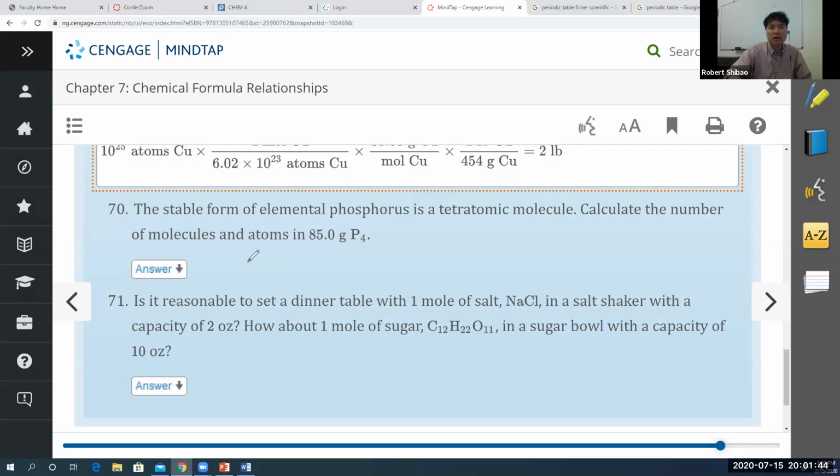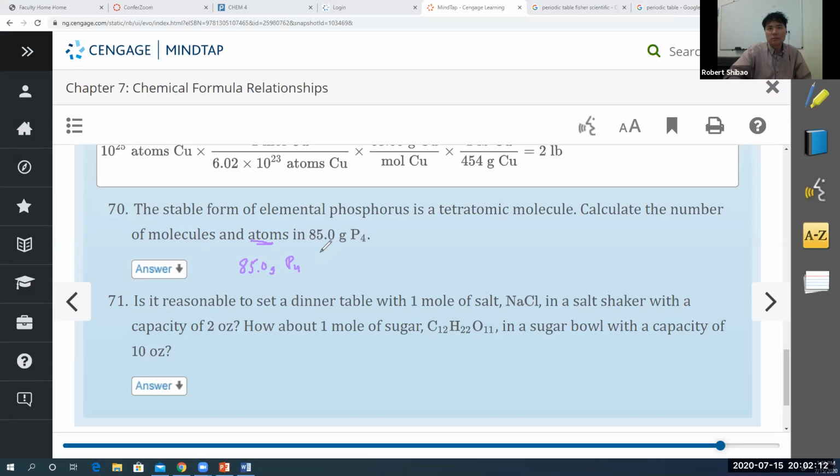We have 85.0 grams of P4. This is 85 grams of pure phosphorus atoms. Even if we wrote 85.0 grams of P rather than P4, we'd get the same number of atoms. However, we won't get the same number of molecules here.